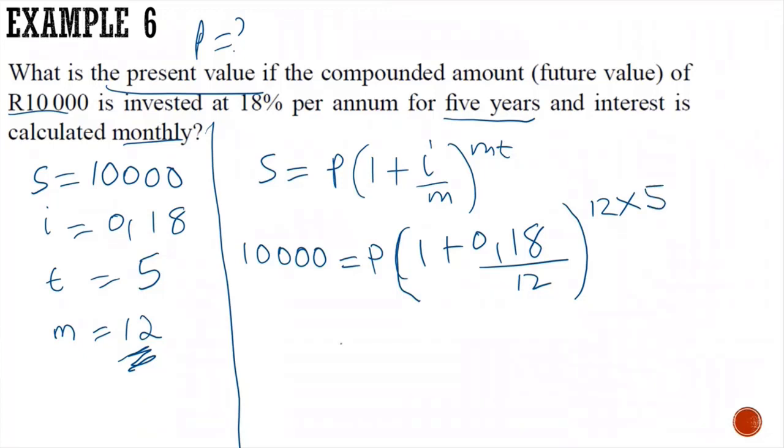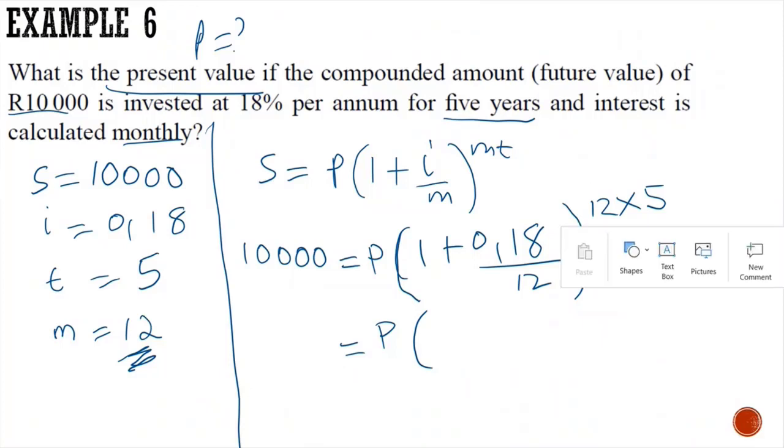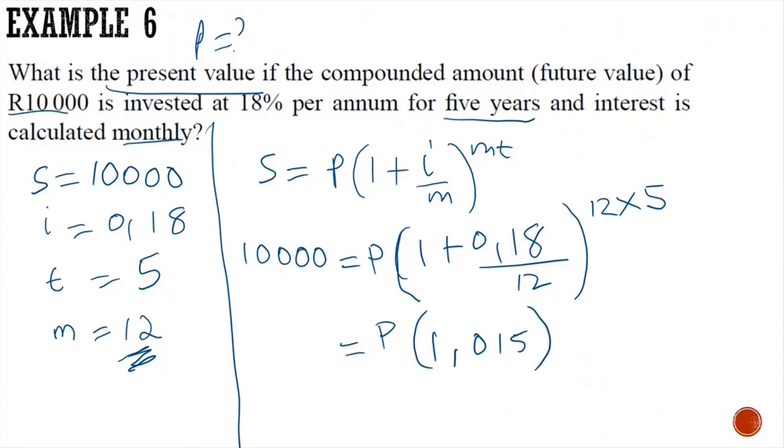So what is left here is just to simplify whatever is inside. 0,18 divided by 12, plus 1, gives you 1,015 to the power 60, and then this is 10,000.